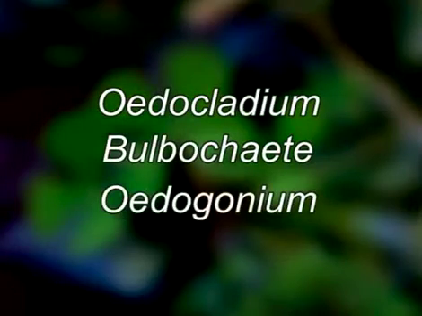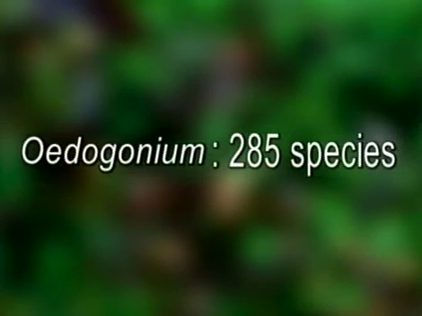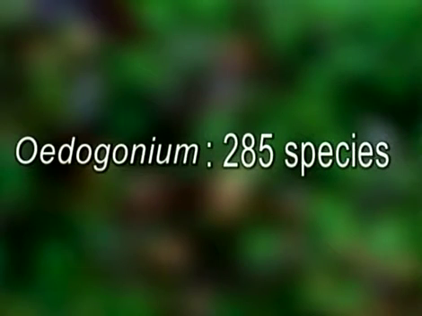The 3 genera included in this family are Oedocladium, Bulbochaete and Oedogonium. Oedogonium possesses 285 species, that is why it is the type of the family.